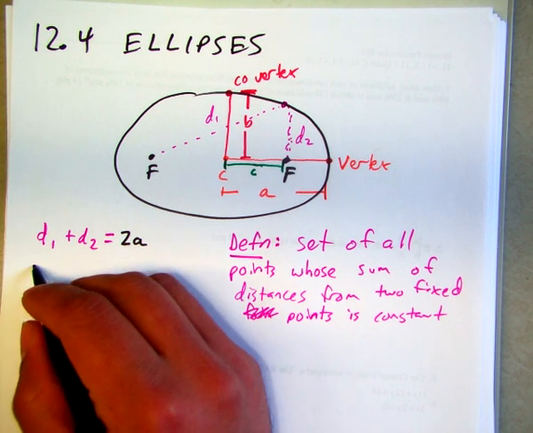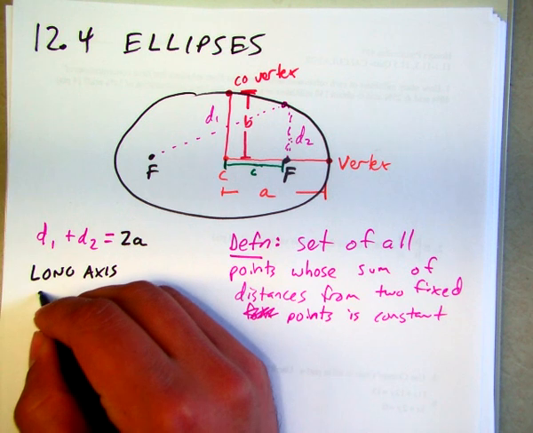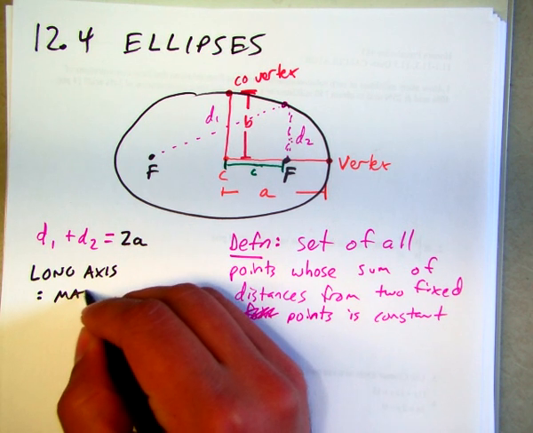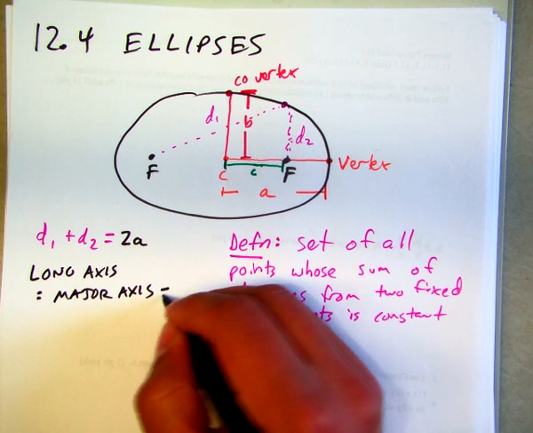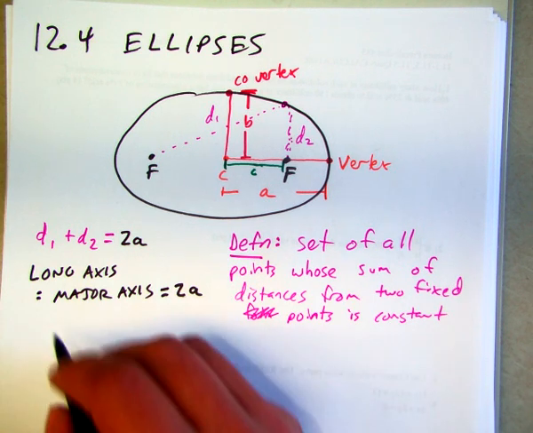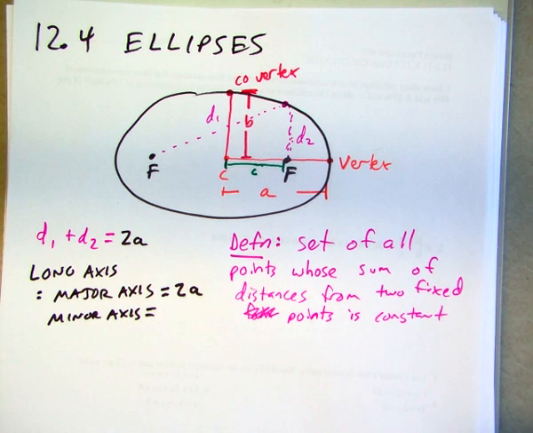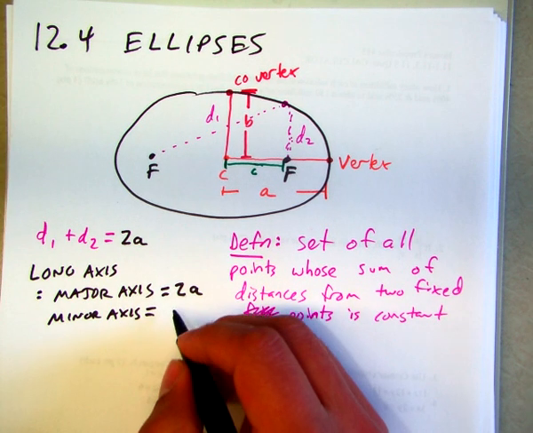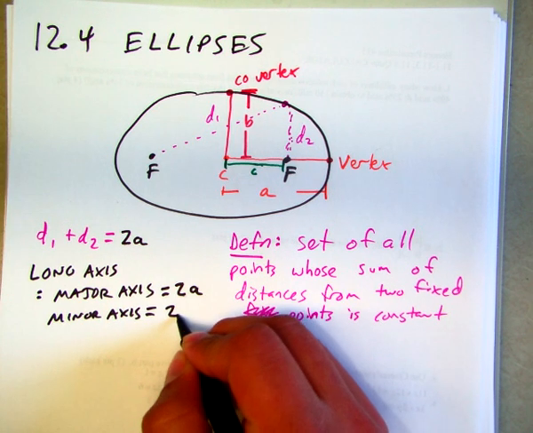The long axis is called the major axis, and the length is 2a. The minor axis would be how big? 2b.